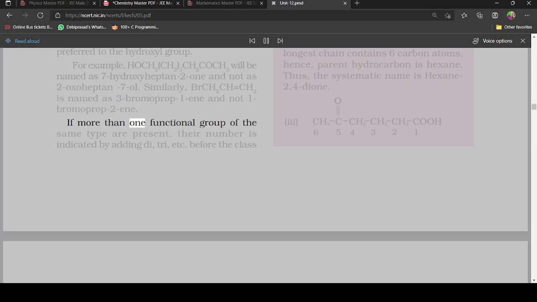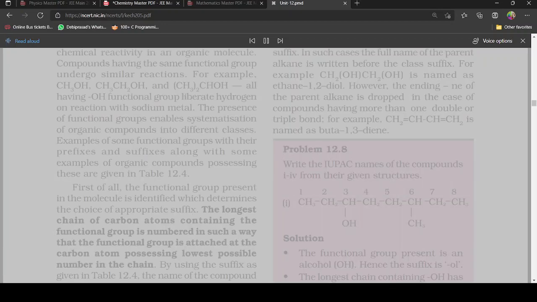If more than one functional group of the same type is present, their number is indicated by adding di, tri, etc. before the class suffix. In such cases, the full name of the parent alkane is written before the class suffix.